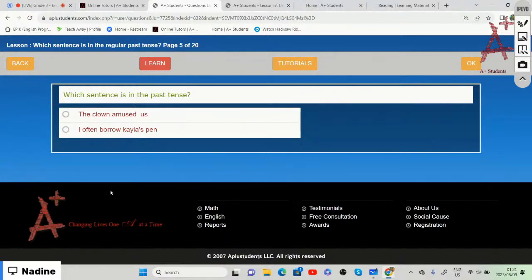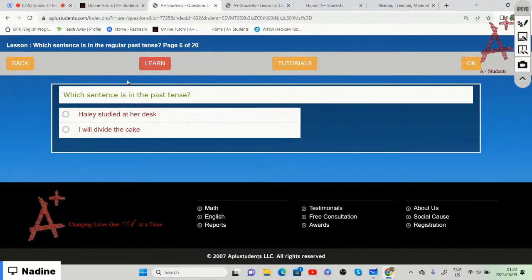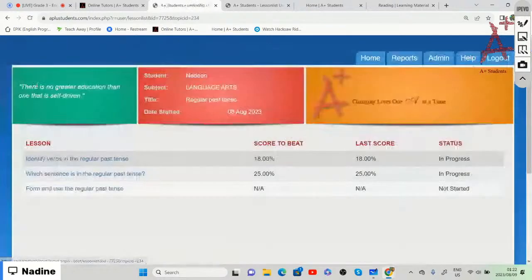And the next one is I often borrow Kayla's pen. So we need to choose the correct past tense, right? So we're going to go with the clown amused us. So amused is also a word that ends in ed. All right. So that is basically which sentence is in the regular past tense, right?